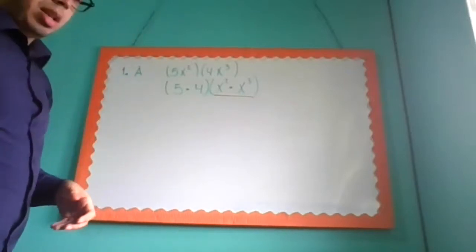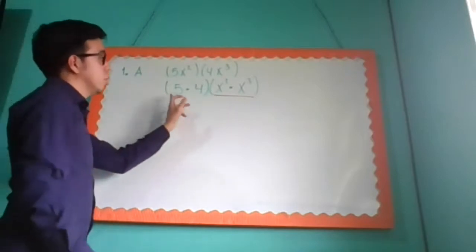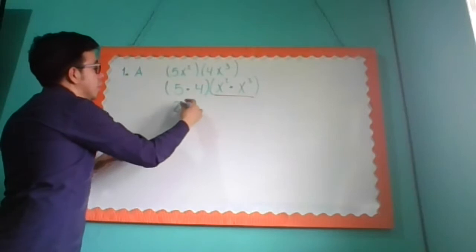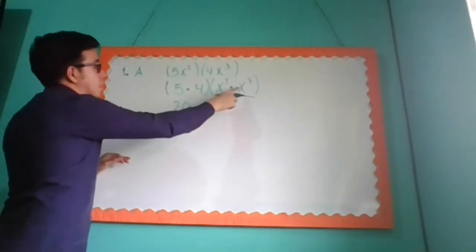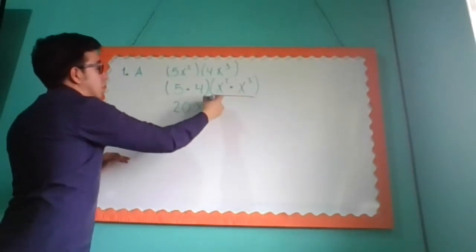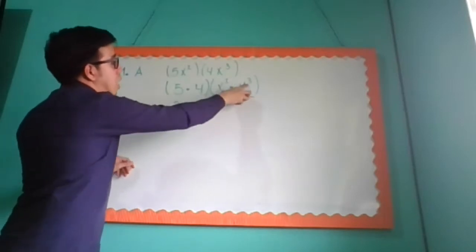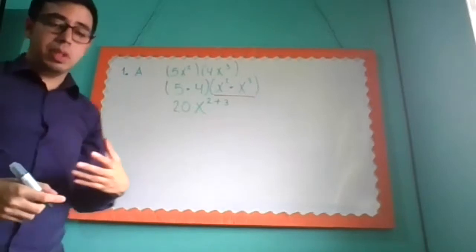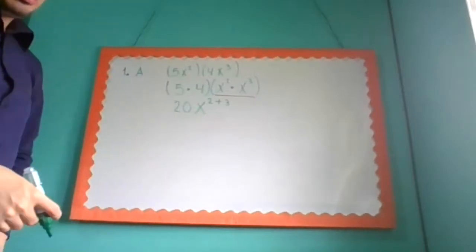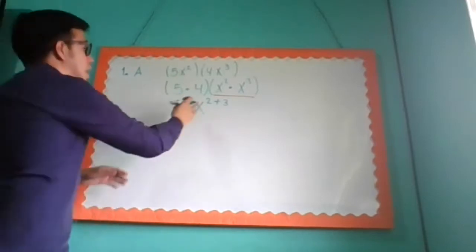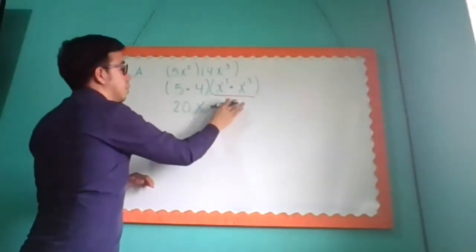There's no other solution: 5 times 4 is going to be 20. And we have x to the power of 2 plus 3, because we add the exponents. In this case, we are going to have 20x to the power of 5.